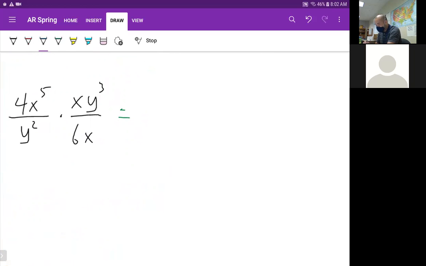So here's what we've got. It's 4x to the 5th times x times y to the 3rd. So I'm just multiplying straight across. Down here at the bottom, it's y to the 2 and 6 to the x.